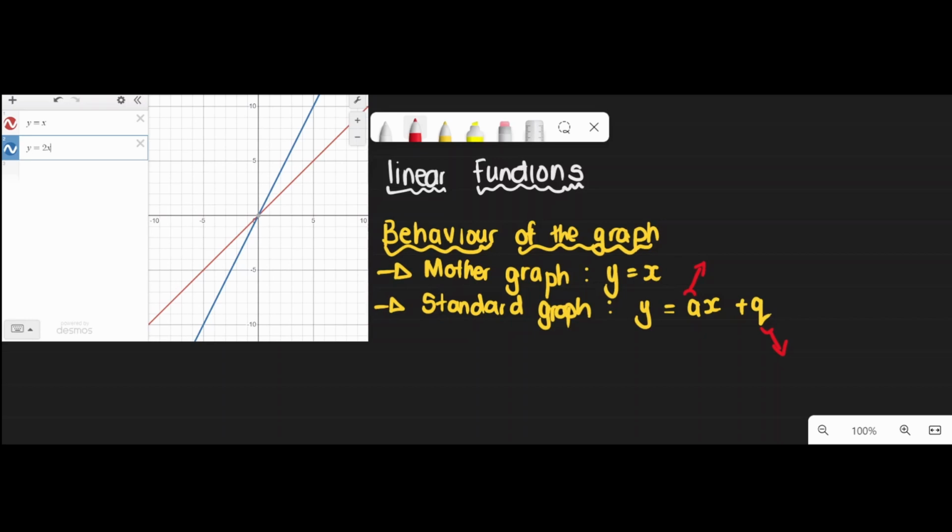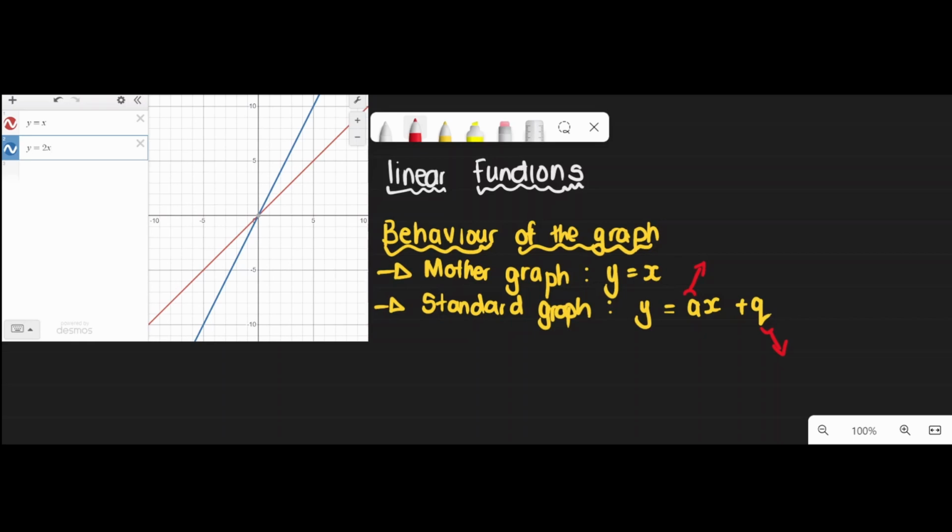The graph still goes from the first quadrant to the third quadrant when a is positive, and becomes a little bit steeper. But the steepness of the graph is really not important now. Now you just need to understand which quadrant the graph is going to be in. And we see the fact that the graph is going to be in the first and third quadrant.